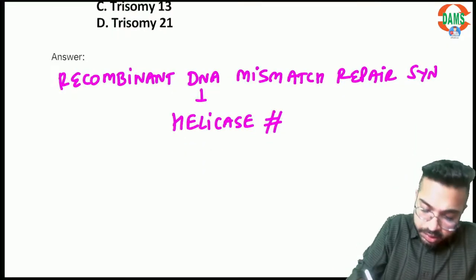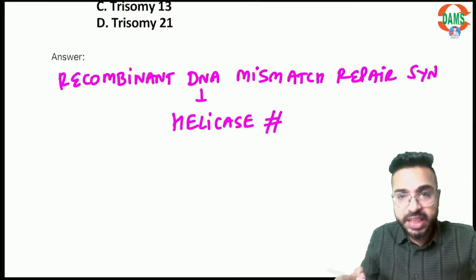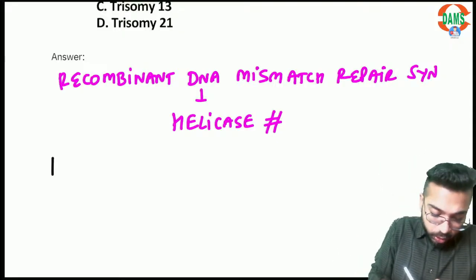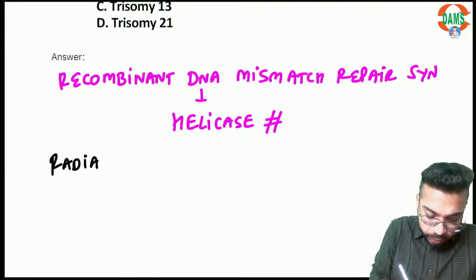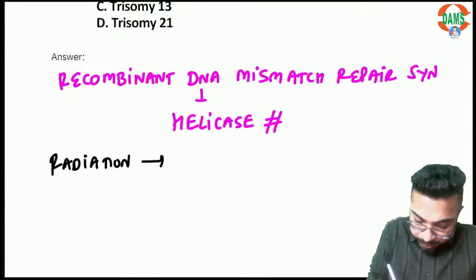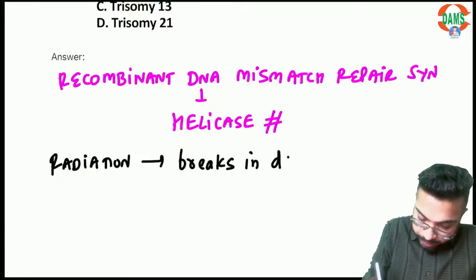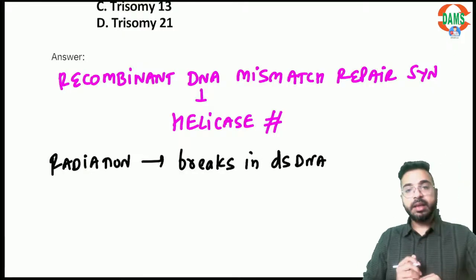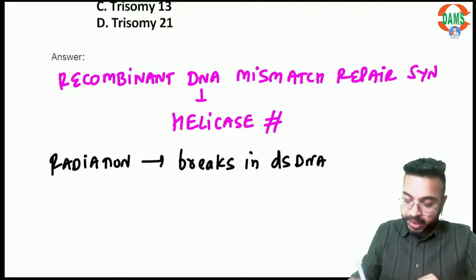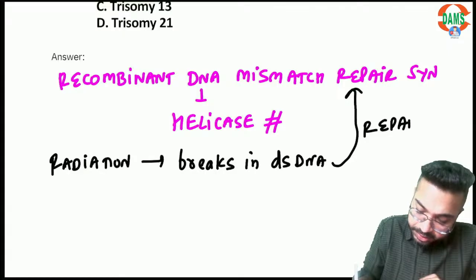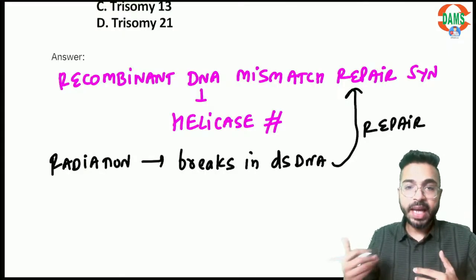I told you these recombinant DNA mismatch repair genes generally protect you from radiation. We all know whenever there is radiation exposure, radiation causes breaks in the double-stranded DNA, and this is repaired by recombinant DNA mismatch repair genes involving helicase.